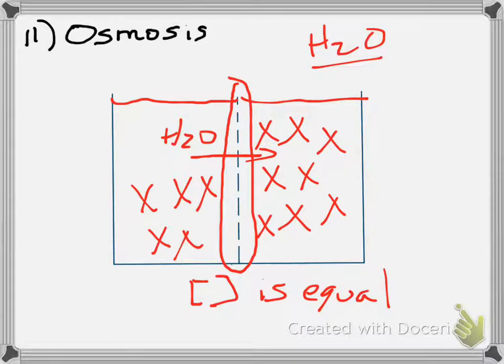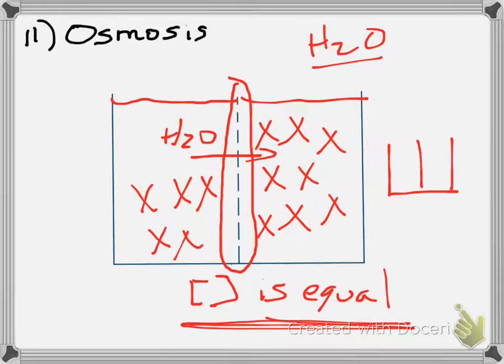So again, osmosis is the movement of water from a low concentration to a high concentration. And so that movement of water dilutes those X's, so you end up having a concentration that is equal on both sides. So really, over time, you're going to get two sides, one with a low water side and the other high water side.